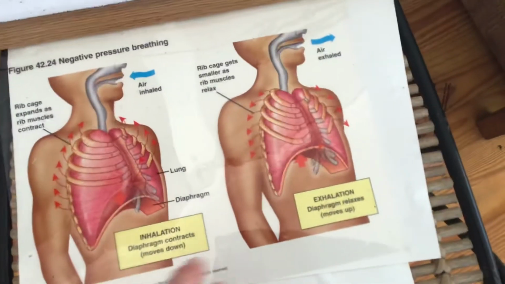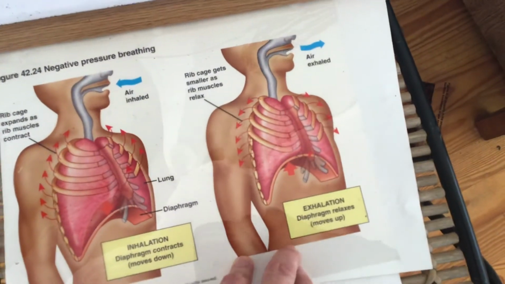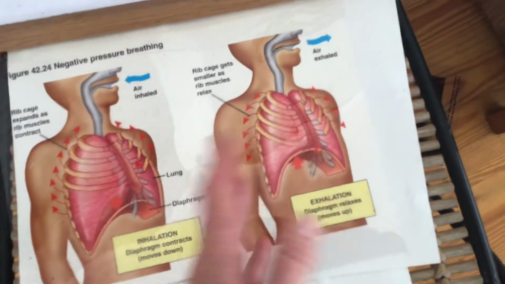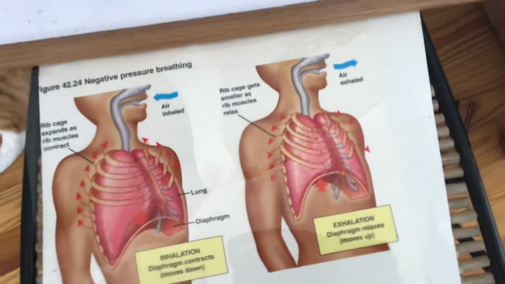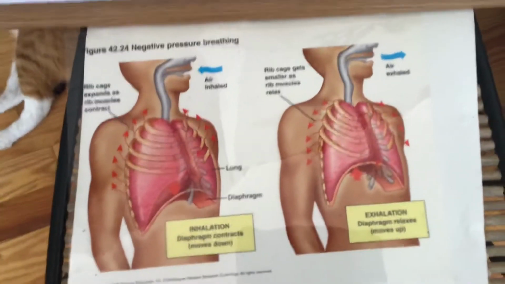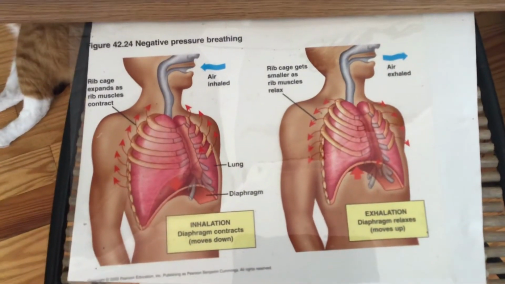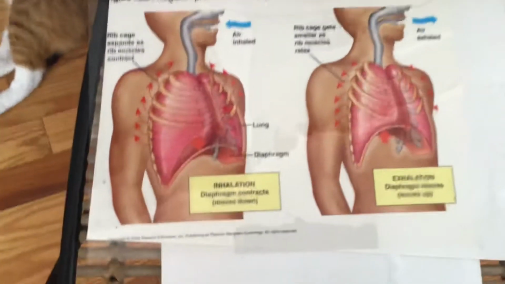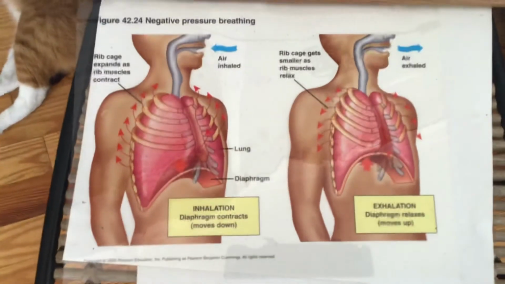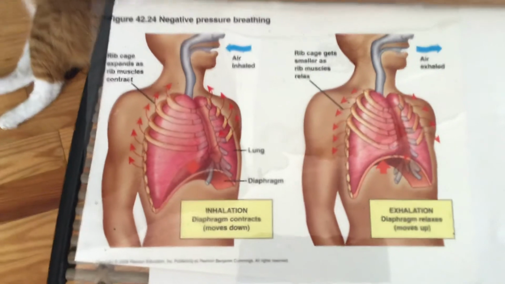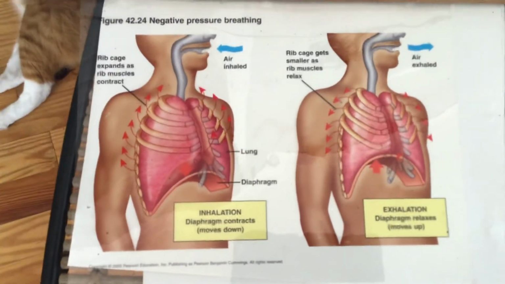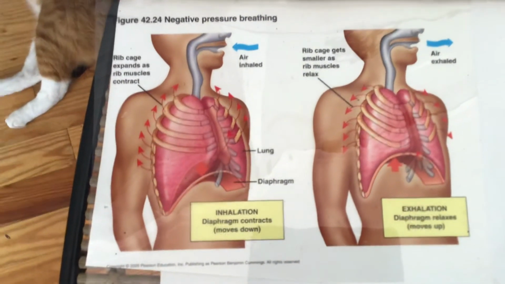And then when we are exhaling, the diaphragm comes up and the ribs come down, and that pushes the air out, or it just basically allows the air to come out easily. Now this is opposed to something like an amphibian or a frog, mostly aquatic organisms that have lungs. They do positive breathing.